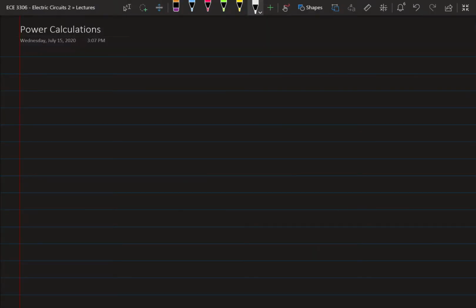Power calculations start exactly the same way they did in your Circuits 1 class, where power is equal to volts times amps. That's given in watts, or W for short. The thing is, now we're in our time domain. We've got our time domain sinusoid, so P is now a function of time, V is a function of time, and I is a function of time.